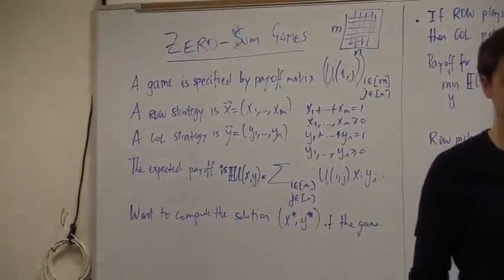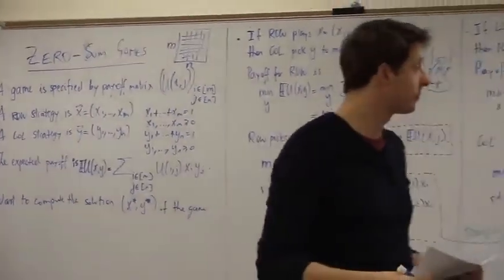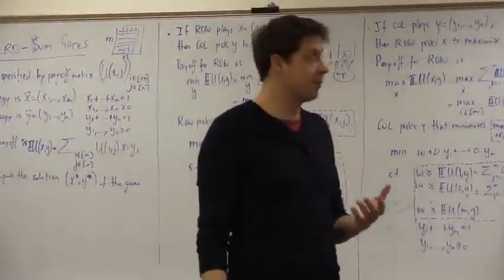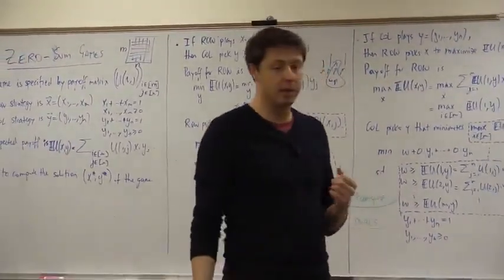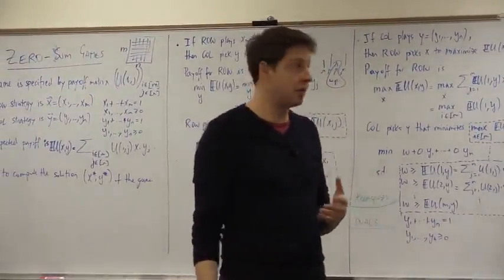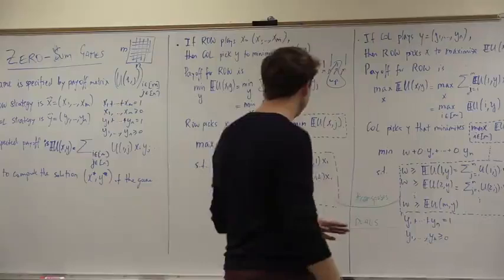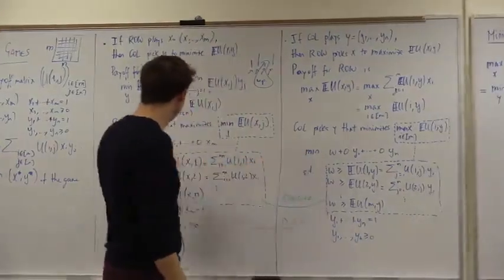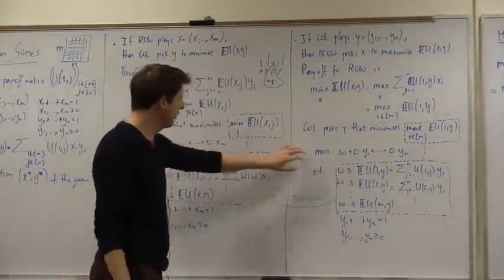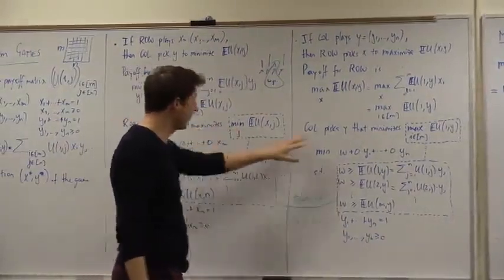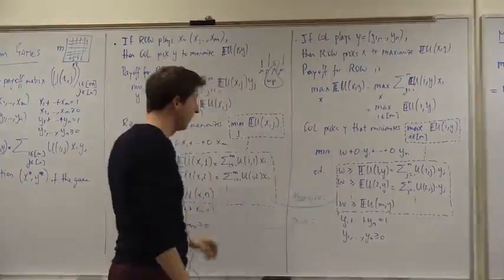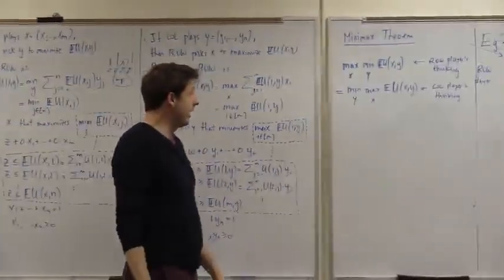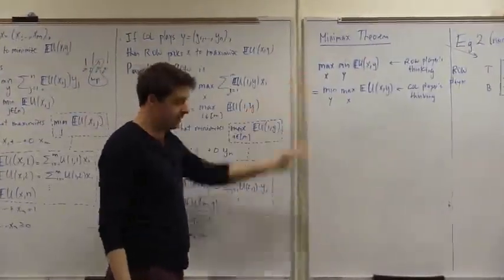Now, given that this is the setup of a zero-sum game, what I want you to remember, first and foremost, is to appreciate how zero-sum games are a special case of linear programs, by understanding how the strategic reasoning of either the row player in this case or the column player translates into a linear program. Through strong duality, these are the same values.